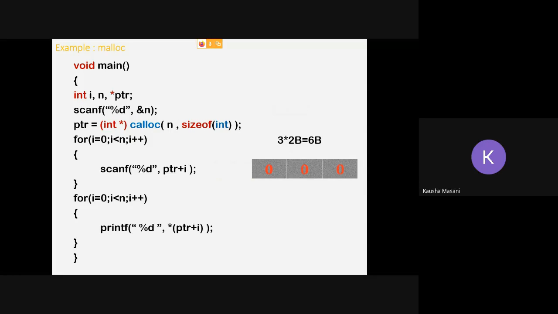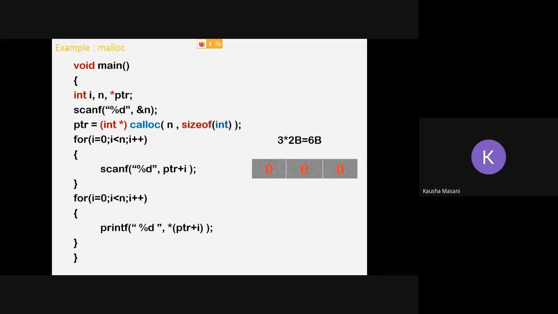But in the case of calloc, multiple memory blocks are assigned. So 3 into 2 bytes, 6 bytes, definitely 6 bytes even calloc is assigning. But what is the nature of your memory block? It is multiple. It is not one full memory block. They are multiple memory blocks, and all these memory blocks are initialized to 0.